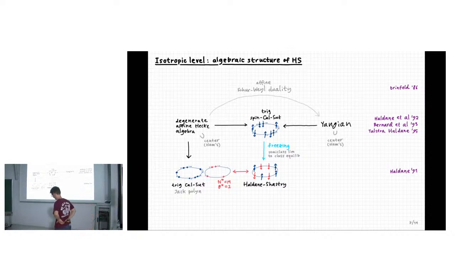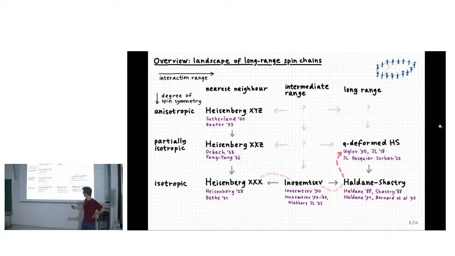Is there any example of a long range or intermediate range model for other algebras, like if you would include not only identity and permutation, but also the trace operator? Right. Let me go back to my favorite picture. On this side, we have lots of things that we can do to these spin chains: we can go higher spin, we can go higher rank, we can make open boundaries, we can do a twist.